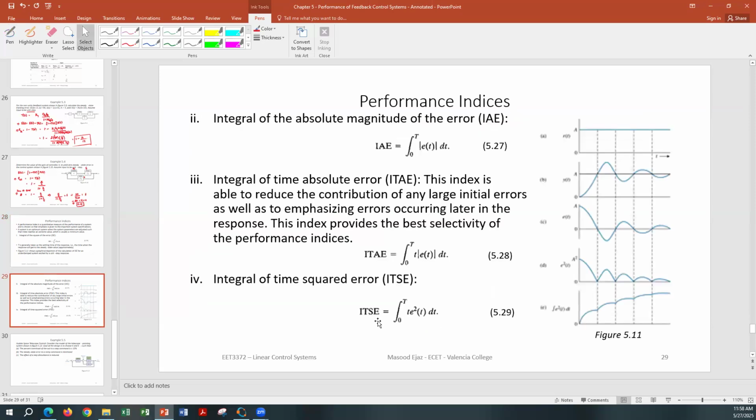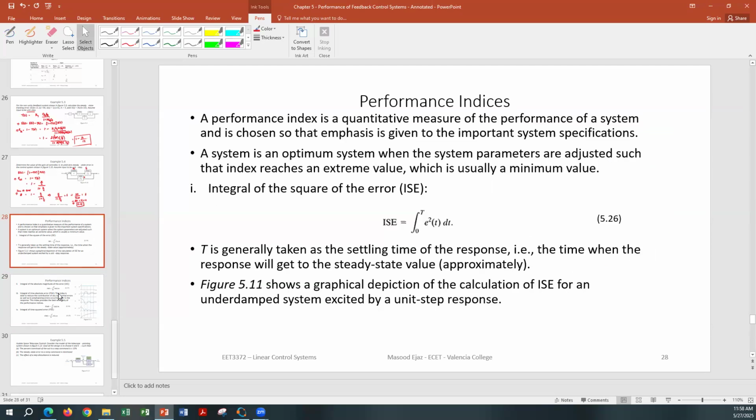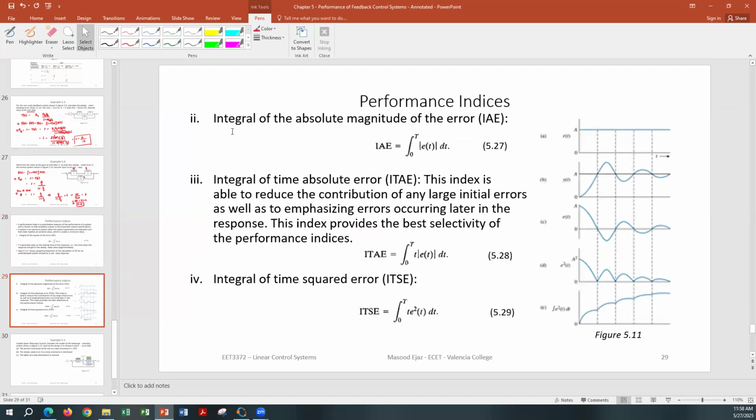We have figure 5.11, and it shows the different performance indices that we're going to discuss. We discussed ISE. Then you also have IAE, the integral of the absolute magnitude of the error over the settling time. Then the ITAE, integral of time multiplied by absolute error.